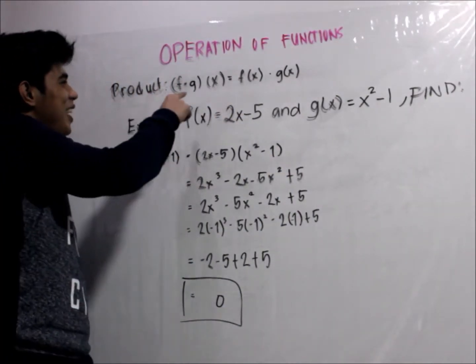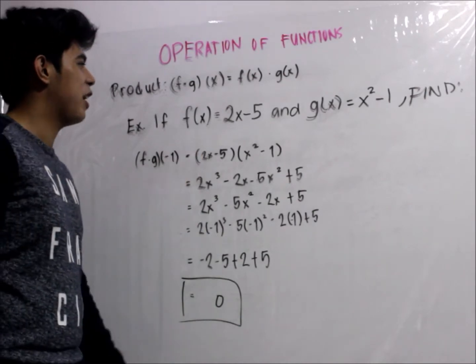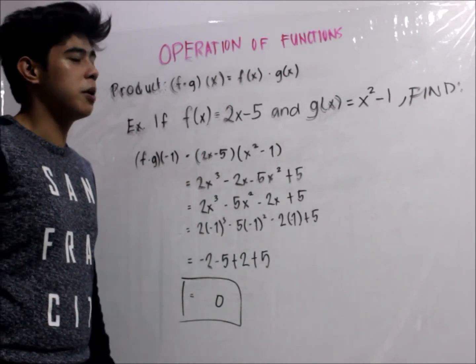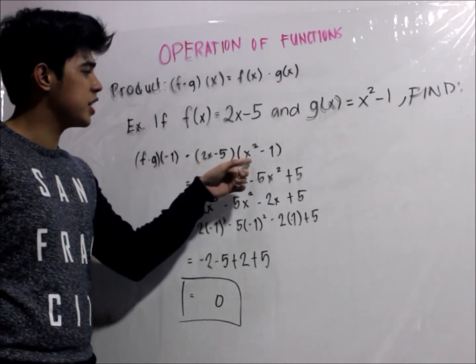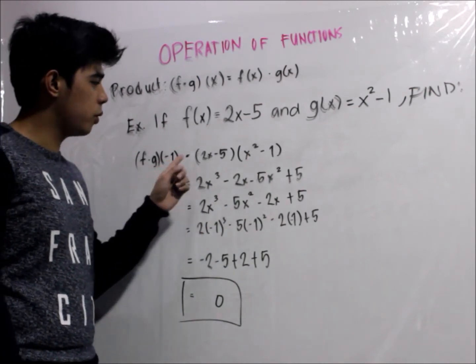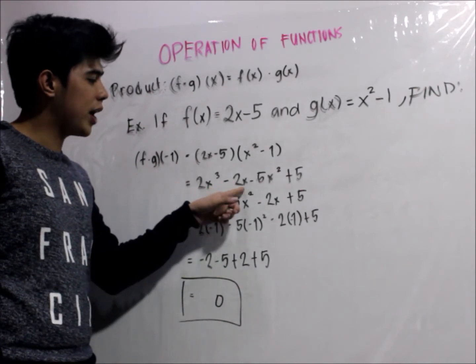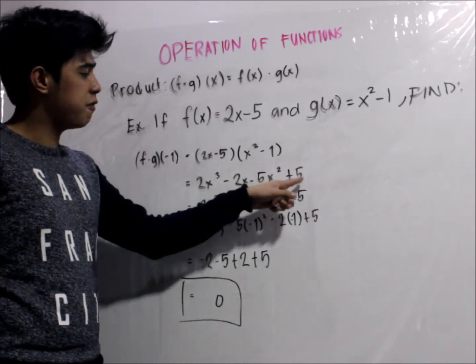With the product, f times g, and the same values as before, f(x) equals 2x minus 5 and g(x) equals x squared minus 1. We will have 2x minus 5 times x squared minus 1, and the value of x is negative 1. When this happens, we will use the FOIL method to get the answer of 2x cubed minus 2x minus 5x squared plus 5.